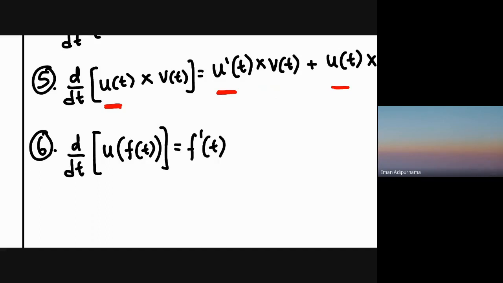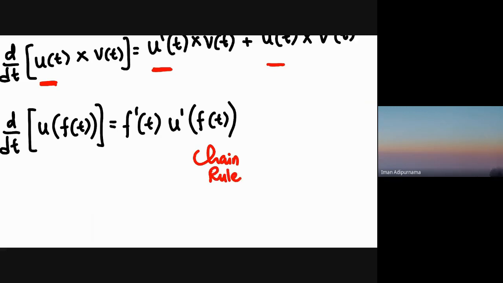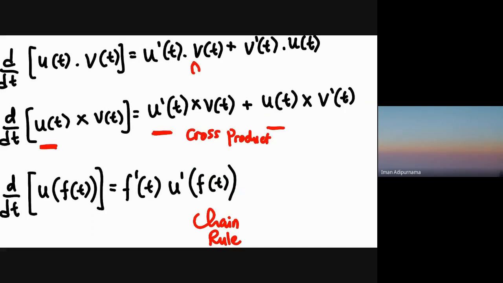We differentiate the inside first and then write down the rest. This will be chain rule. This is cross product. This is dot.